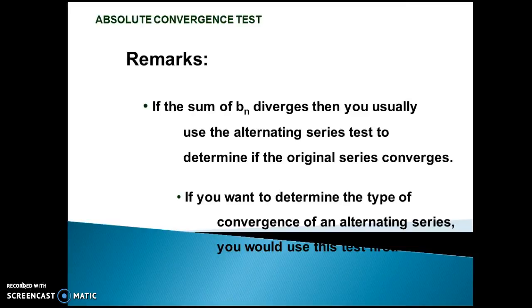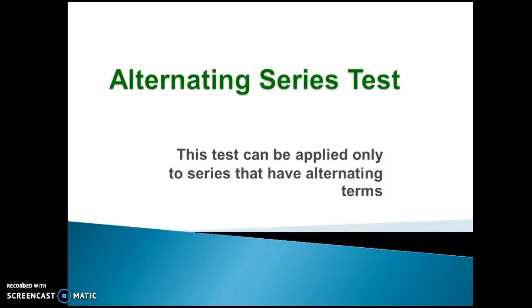Here, using the absolute convergence test, there is a remark: if the sum of |an| diverges, then you usually use the alternating series test to determine whether the original series is convergent. Alternating series, you must use this test only.